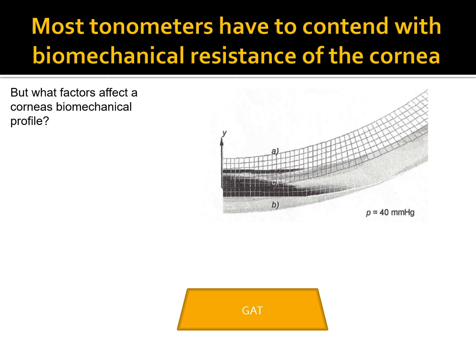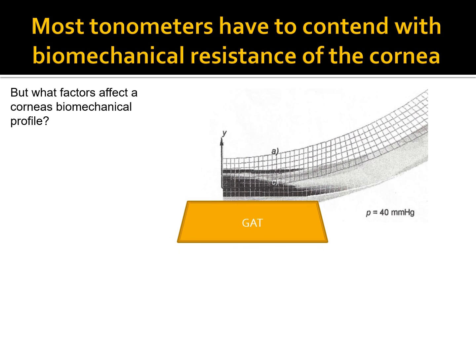So most tonometers have to contend with the biomechanical resistance of the cornea. They've got to push that cornea in so far. Now, I say most because there is one based on a theoretical principle that's quite robust actually. But what are the corneal biomechanical profiles that we have to consider?